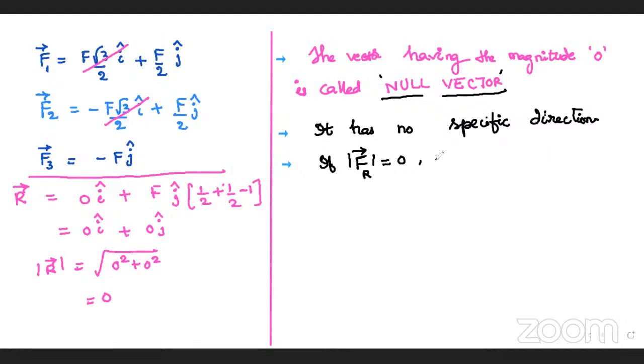At rest will be at rest means such a type of position is called the equilibrium position. So if the resultant force equals 0, we say in the case of forces that a body at rest is in equilibrium.